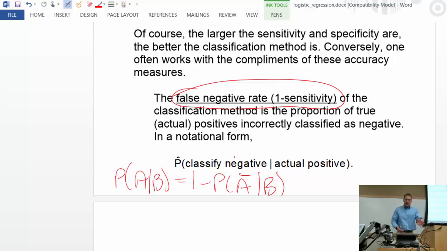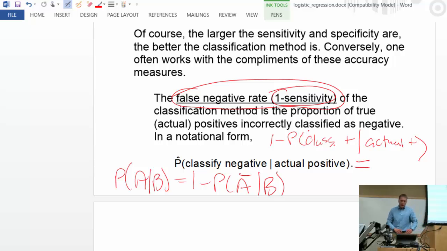And so you can see, for example, that 1 minus the sensitivity here is equal to 1 minus the probability of classified positive given actual positive, which would then be equivalently expressed as the probability of classified negative given actual positive. Okay? Any questions about that?